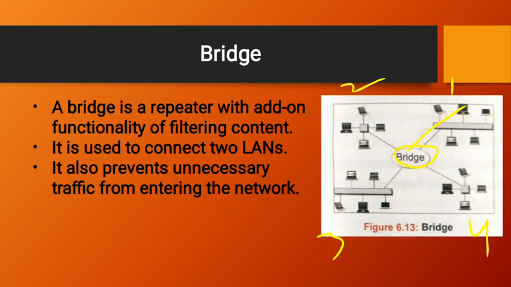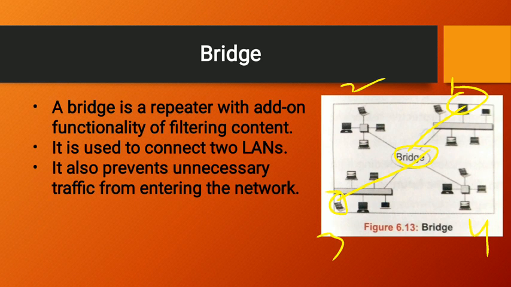So we can say a bridge is used to connect more than 2 small or big networks. Now you can see here, if this computer wants to ask something of this computer, the bridge will be very useful in that, and it will filter the content. Means there are 5 computers, so it will filter the content of which computer is asking what data.